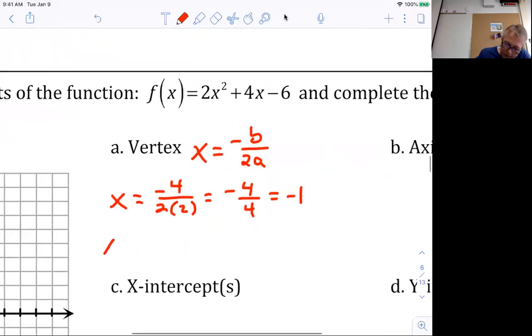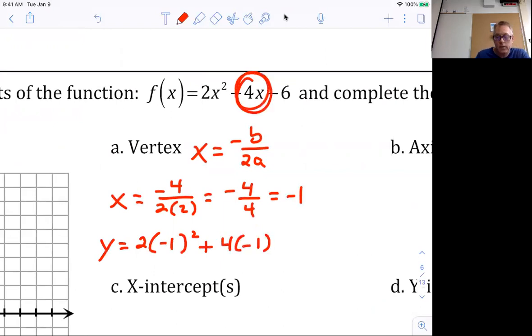So to get the y value, we do 2 times negative 1 squared. I plug the negative 1 into the x here. Plus 4 times negative 1. I plug the negative 1 into the x there. And minus 6.